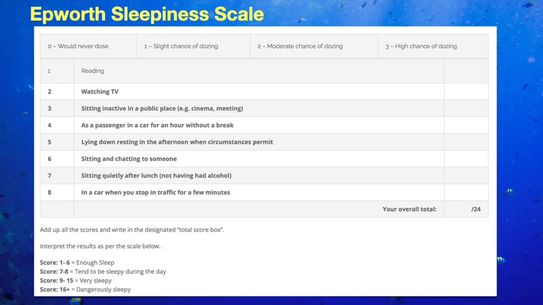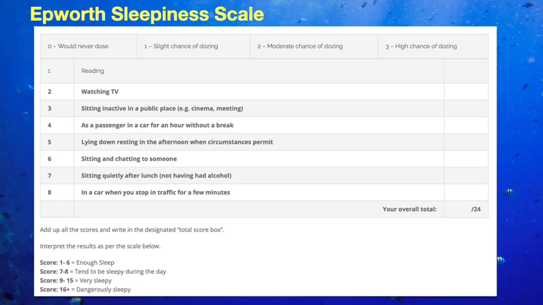So, when you are watching TV or reading, what are the chances of you dozing off? When you're sitting inactive in a public place, like in a board meeting, and you are dozing away, it counts towards getting a score.